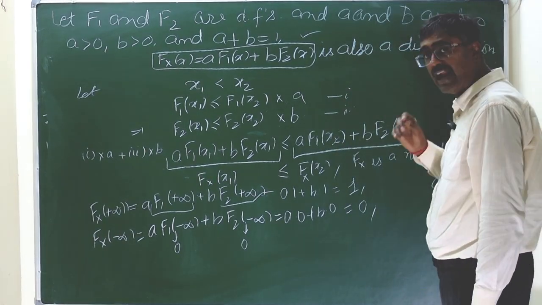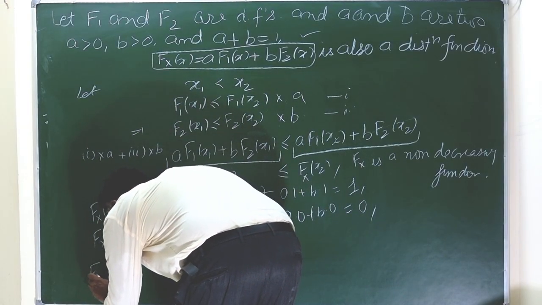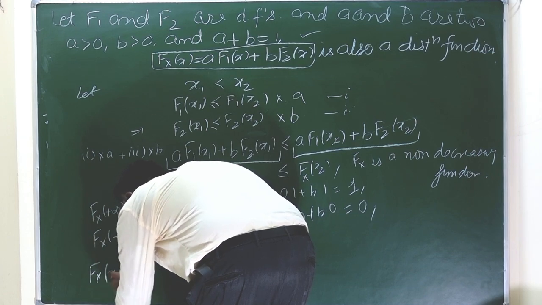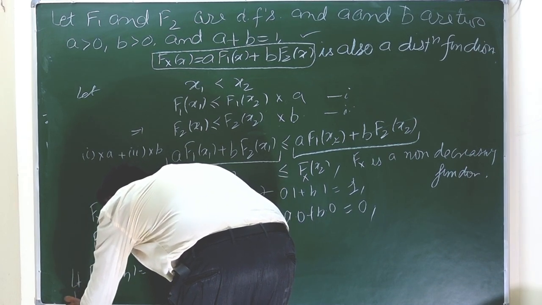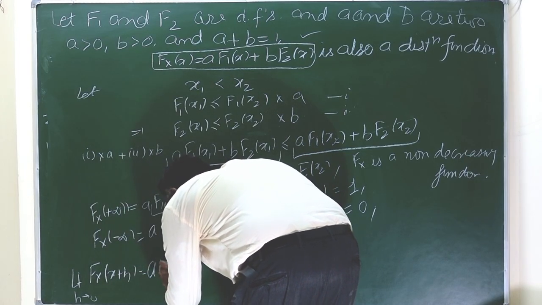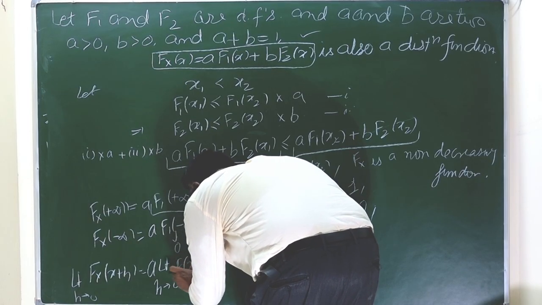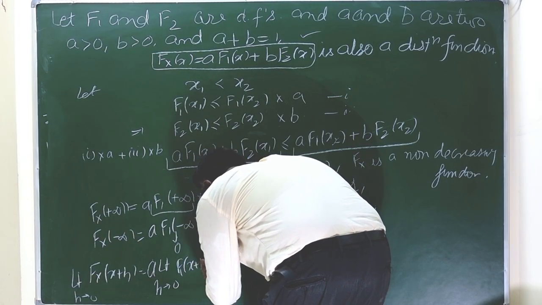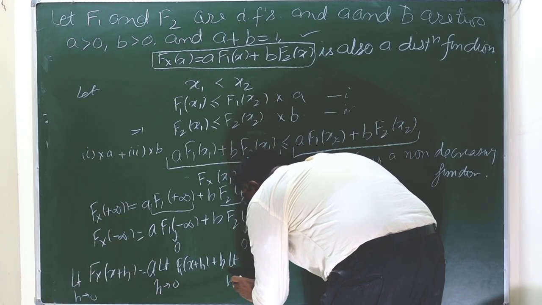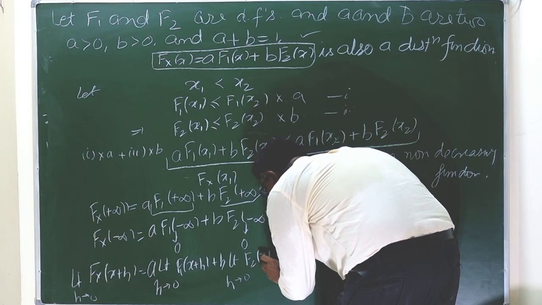Now to check the right continuity, we will check F of x at x plus h, where the limit h tends to 0. So a times the limit as h tends to 0 of f1 of x plus h plus b times the limit as h tends to 0 of f2 at x plus h.